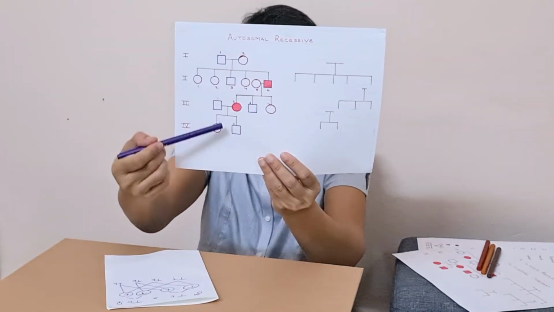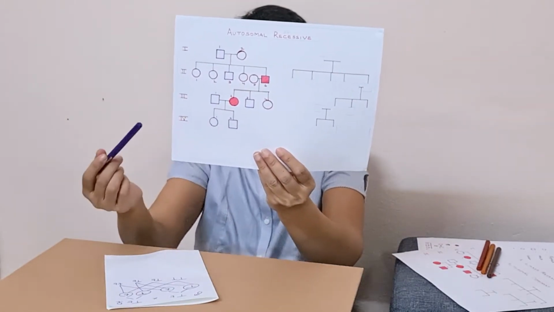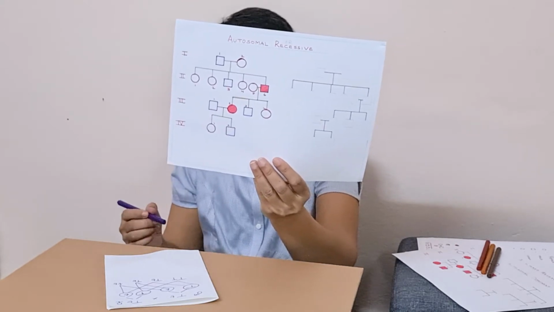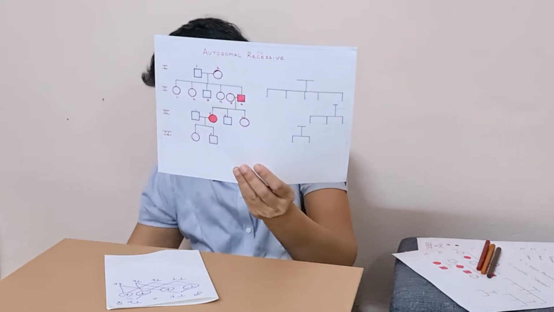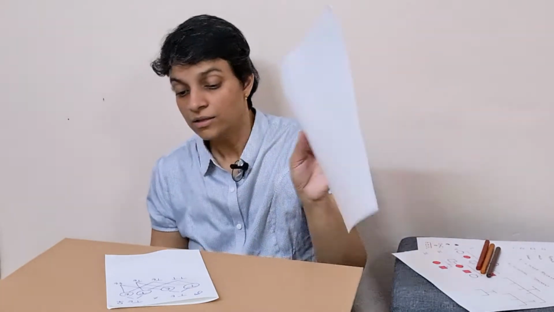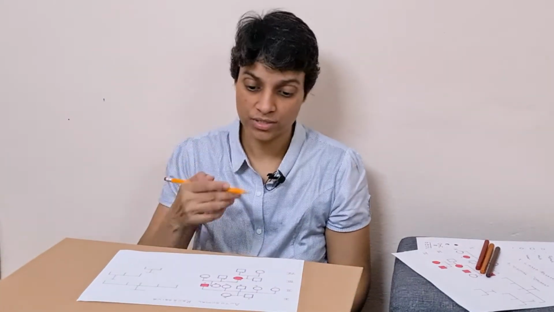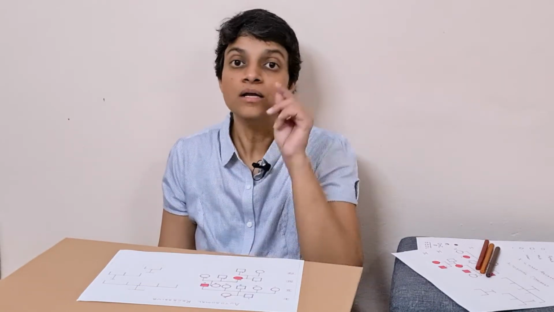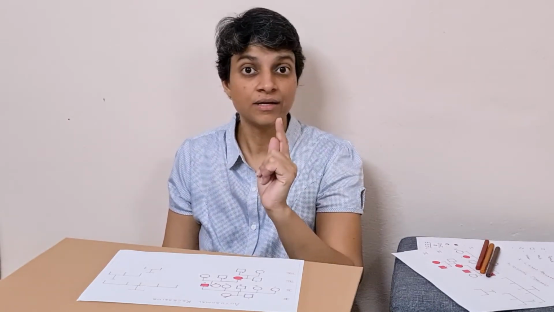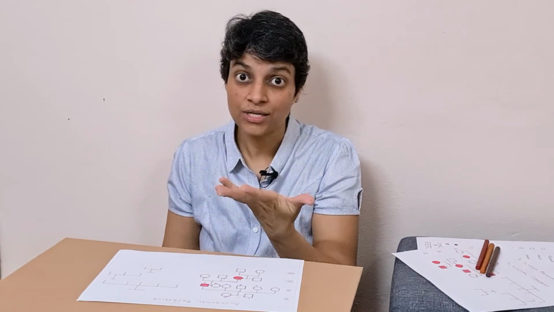Now, because there is skipping of generations, we have said it is a recessive disease. When we say it is a recessive disease, the one important clue which I haven't told before is that recessive diseases are expressed in their homozygous state only.